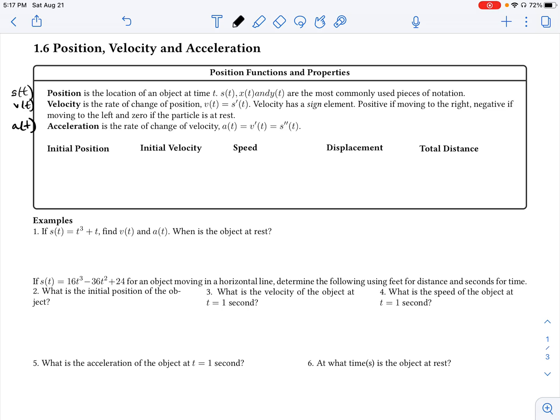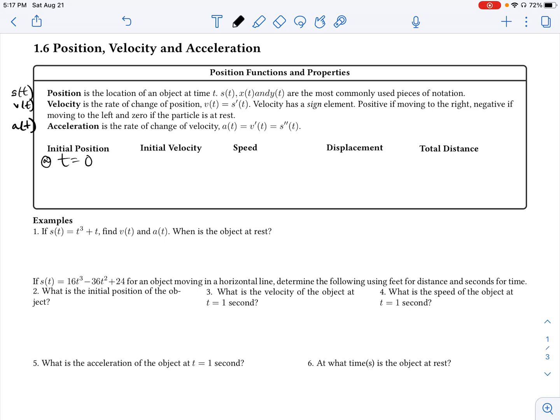So a couple of quick notes, things that we want to keep in mind before we work through some of these problems. So first off, if we know that position is denoted using the S of t function, when we're describing initial position, that is the position of the object at t is equal to 0, when the time is equal to 0.